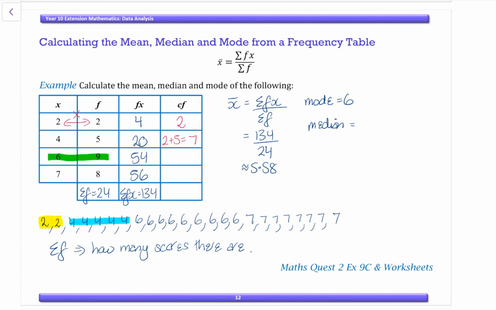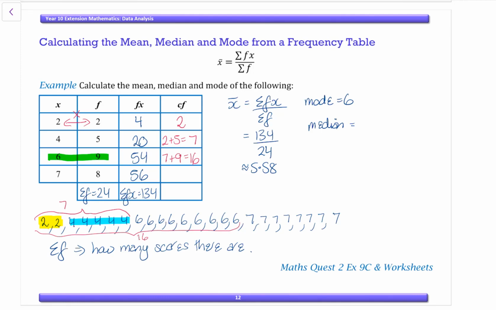If you look down the bottom here, there are 1, 2, 3, 4, 5, 6, 7 scores once I get to 4. Once I get to my 6s, I've got 7 2s and 4s, so now I have to add my 9 6s. So that's 16. And down the bottom you can add them up and see there are 16 scores there.